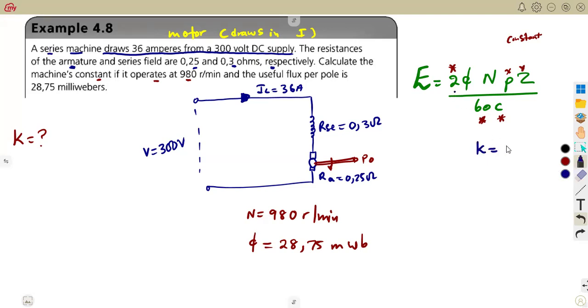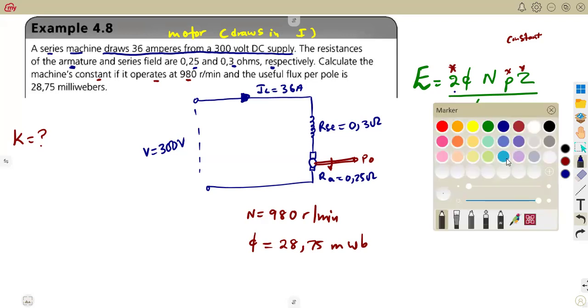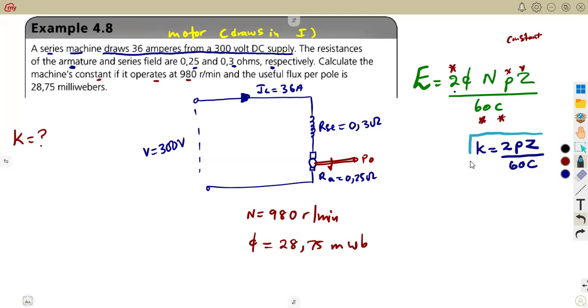So it's going to be 2 on top, there we've got P, there we've got Z, everything over 60 C. Like this, it is the machine's constant. But do we have all this? Are we given information that further tells us about this?